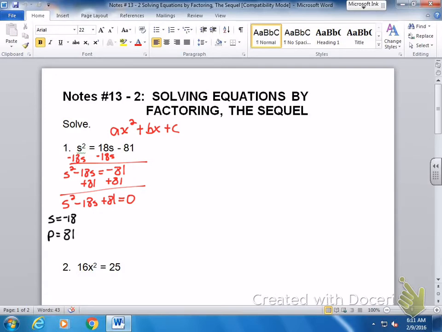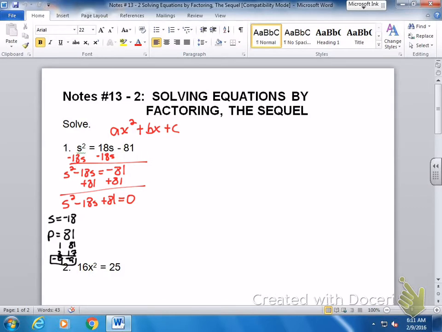So if I start breaking down 81, 1 and 81 won't work. 2 won't go into 81. 3 will, 27 times. 4 won't. 5 definitely won't. 6 won't. 7 won't. 8 won't. But 9 will, with 9 and 9. Now 9 plus 9 is 18, but negative 9 times negative 9 is also 81 and negative 18.